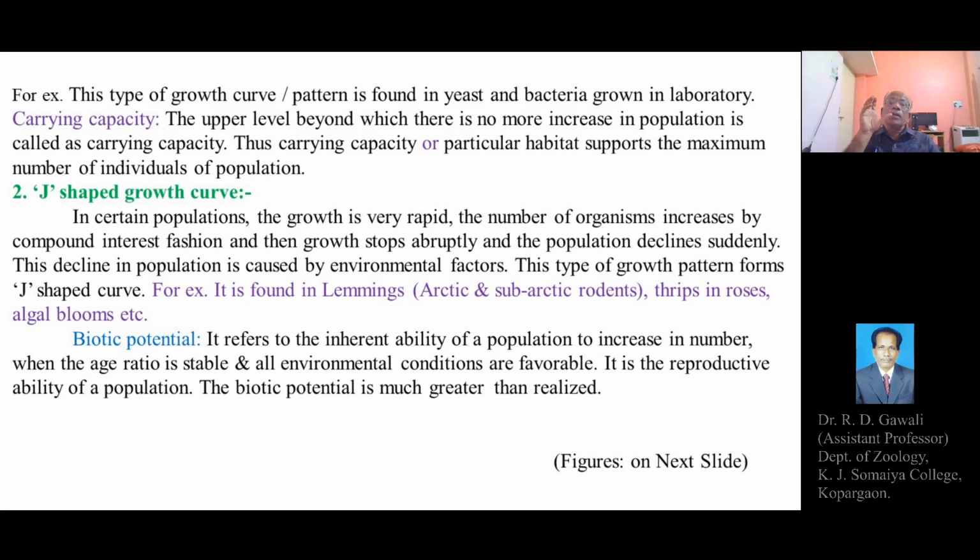This particular capacity of providing support to the life or the population is called carrying capacity.